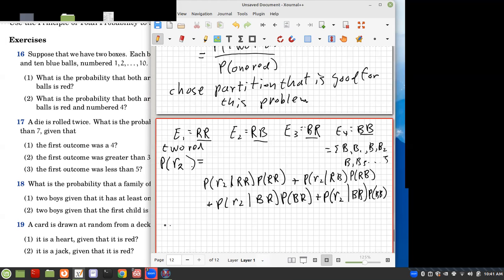Well, the idea then is we can write out these. What's the probability that you get 2 reds in this first event here? Well, these are all the cases of 2 reds.